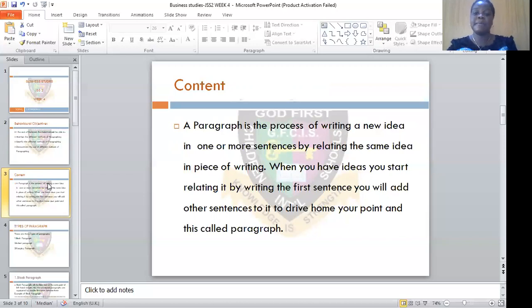That's why we said paragraph is the process of writing a new idea in one sentence. Whenever you have related ideas, you put them together in sentences, and a combination of sentences is called paragraphing. Not just a combination of any sentences, but related ideas, you put them together to form a paragraph.